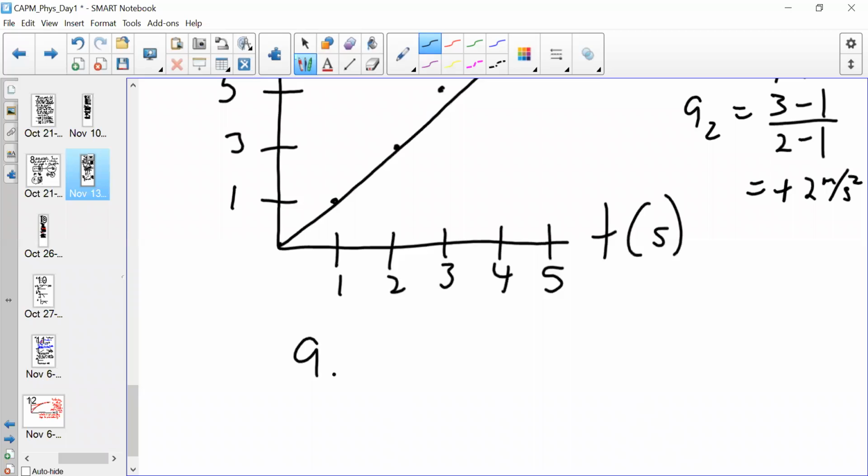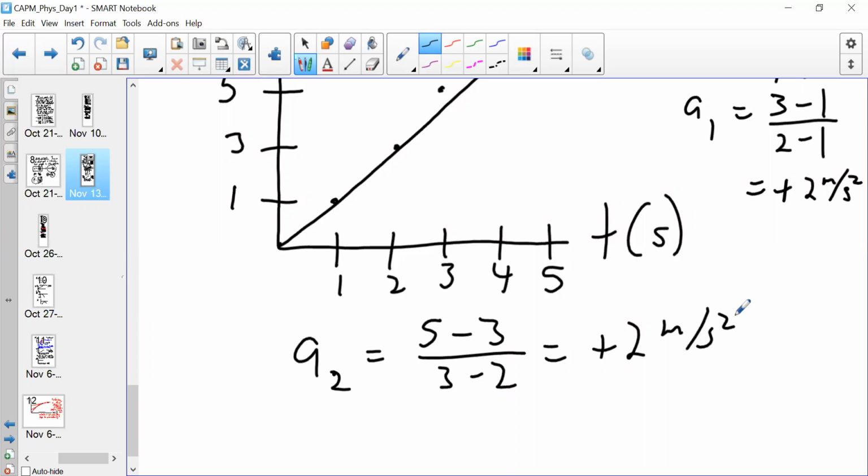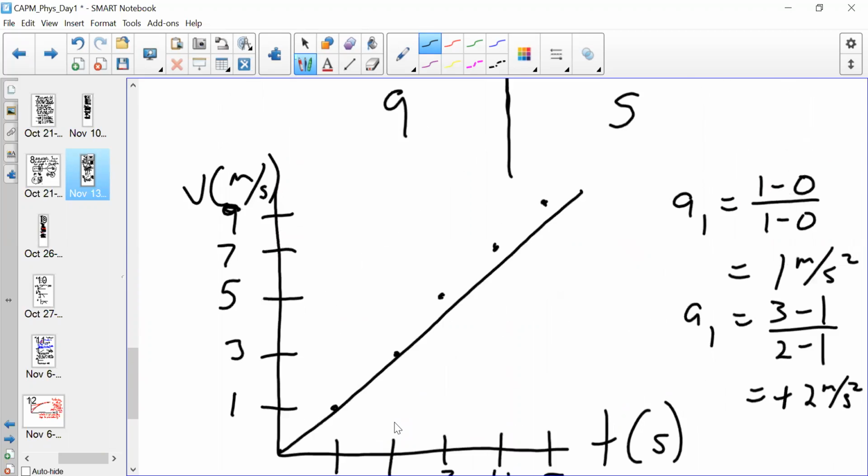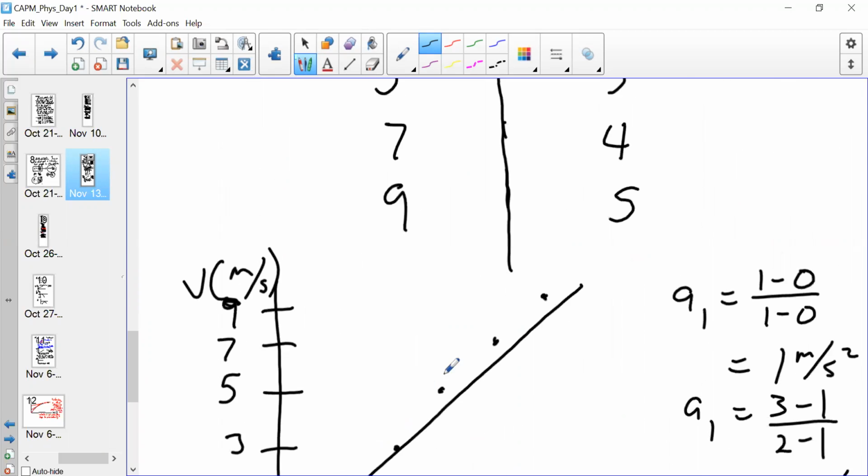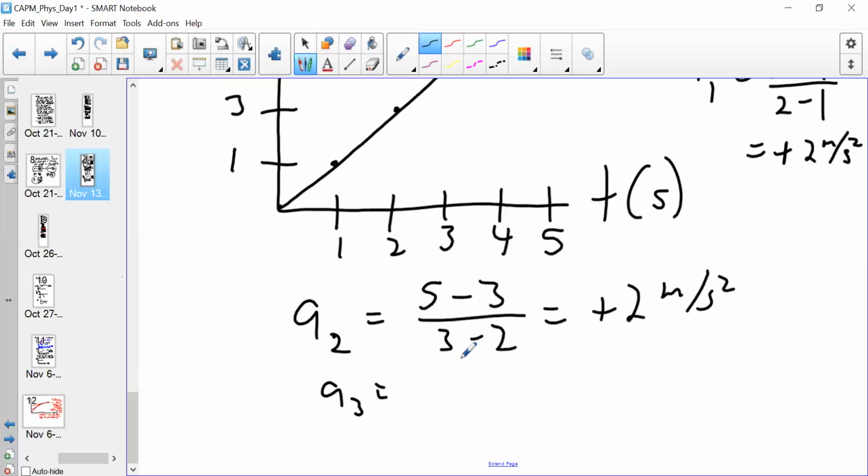Then A3, or I'll essentially say A2. So that's going to be 5 minus 3 over 3 minus 2. 2 meters per second squared, A3. 7 minus 5, 9 minus 7, the whole thing. So you get the point there.